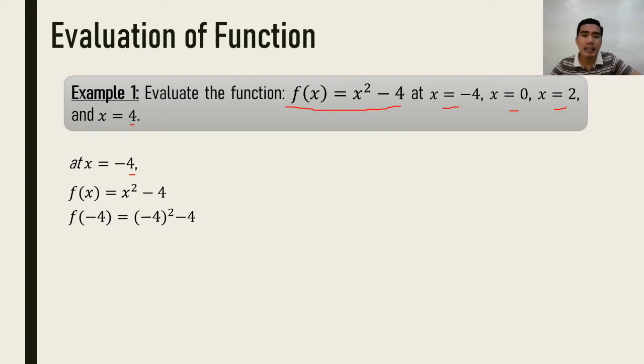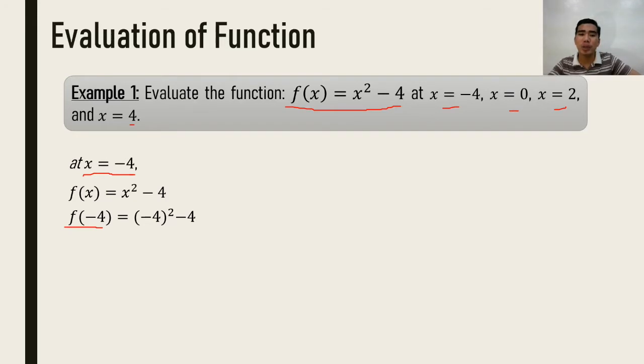There are cases na yung x, hindi na naglalagay ng ganito, direct na nakalagay ng f of negative 4. There are cases na ganon. But in this example, it is specifically stated that x is equal to negative 4.